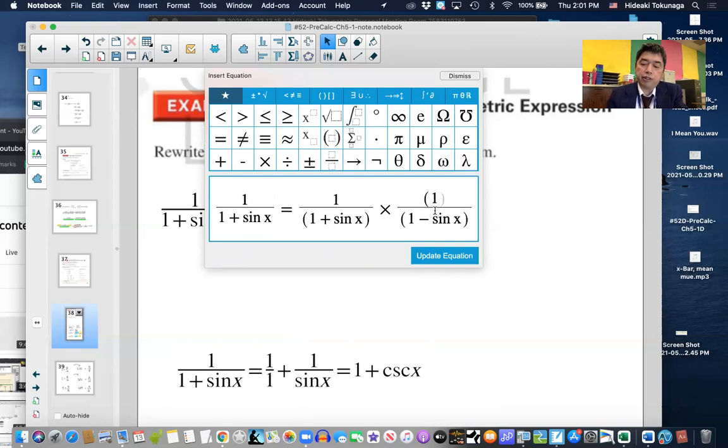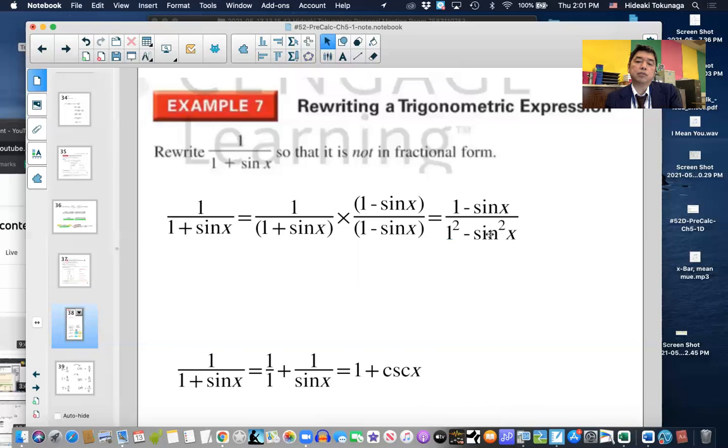If you remember the difference of two squares, this might be a good expression to use. For the difference of two expressions, you take the square of the first term minus the square of the last term, which is 1 squared, just write down 1 squared, minus sine squared x. That's the numerator. The denominator is 1 minus sine x. First you have to come out with this.